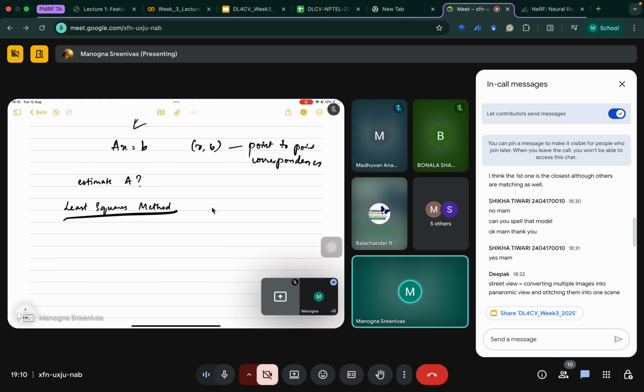So what is least squares? Do you guys know what the least squares method is?